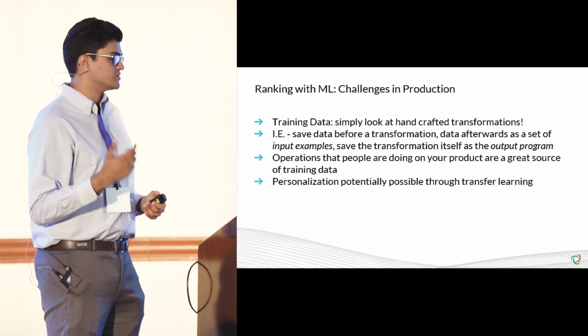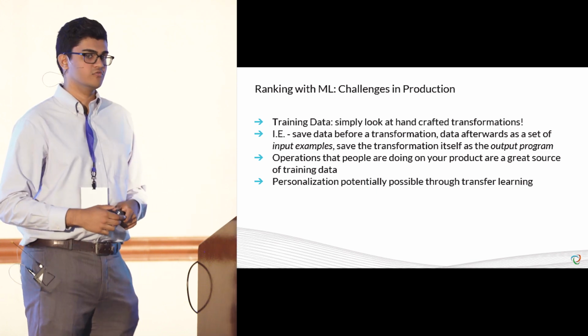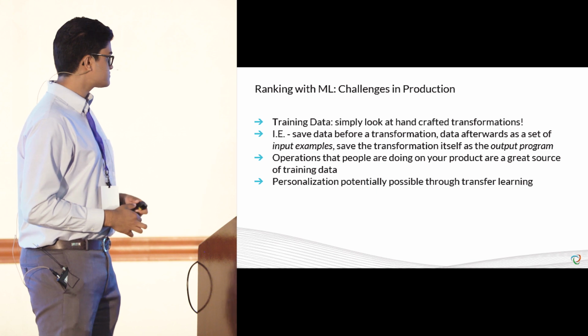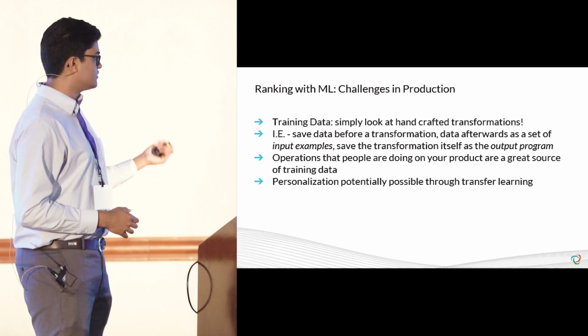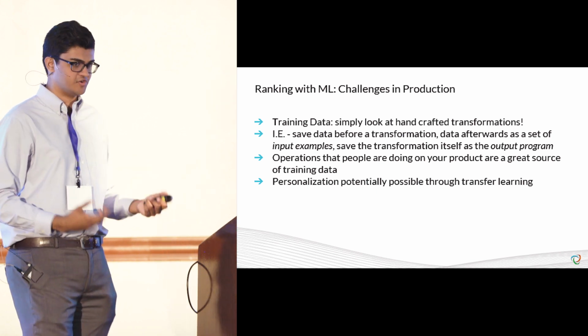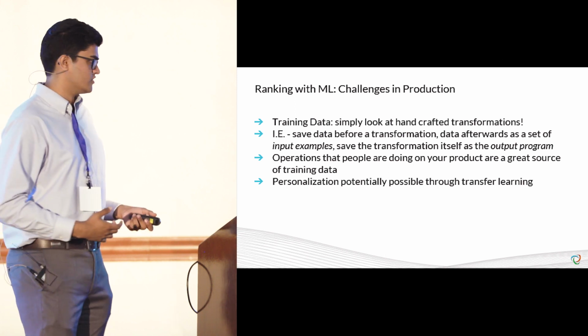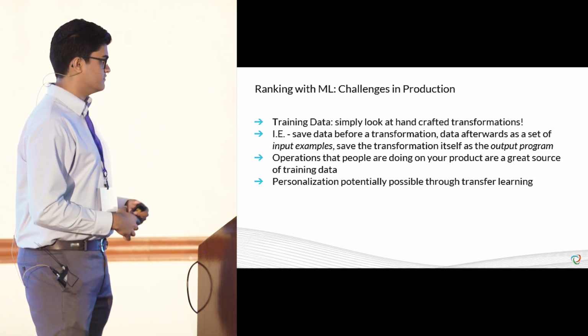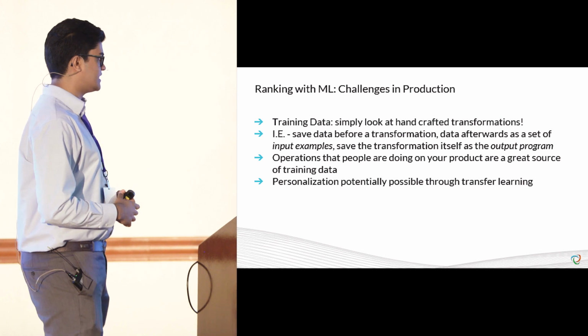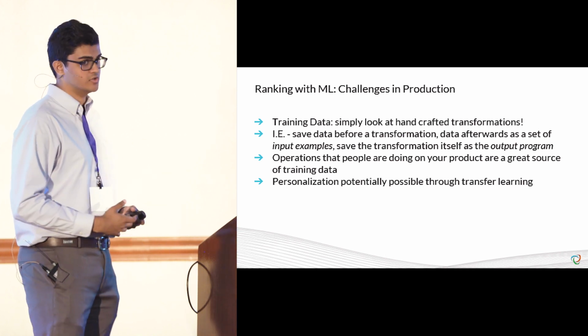The transformation that was actually applied is the correct label for whatever model you're choosing. In theory, if people are doing operations on your product, that's where you want to get training data from, because that's going to be better than any kind of large data set. It's going to be personalized to what people are actually doing in your product.